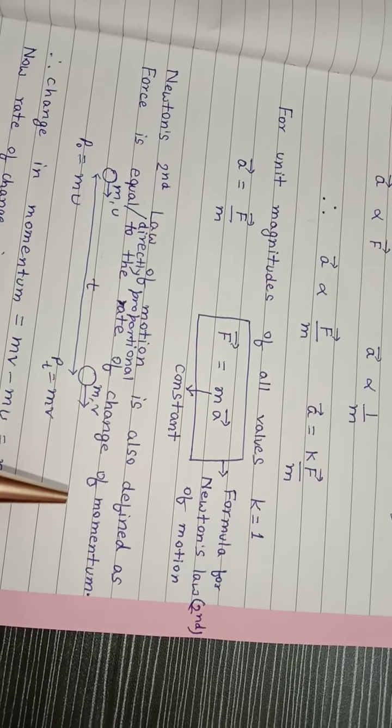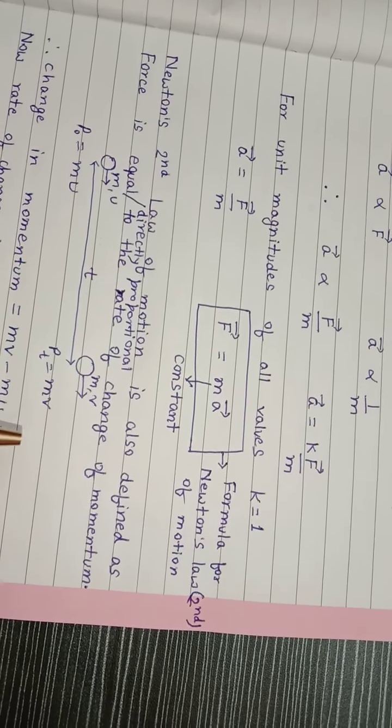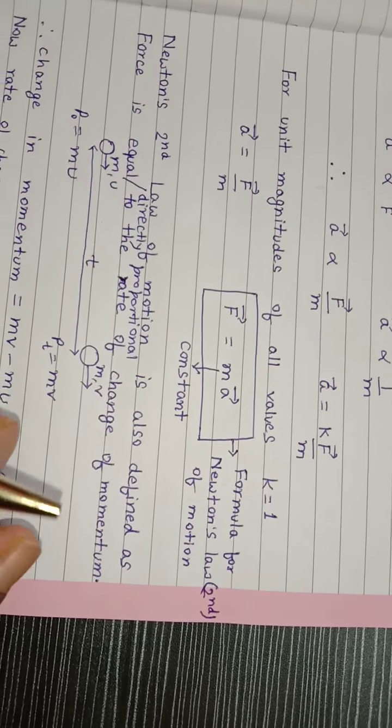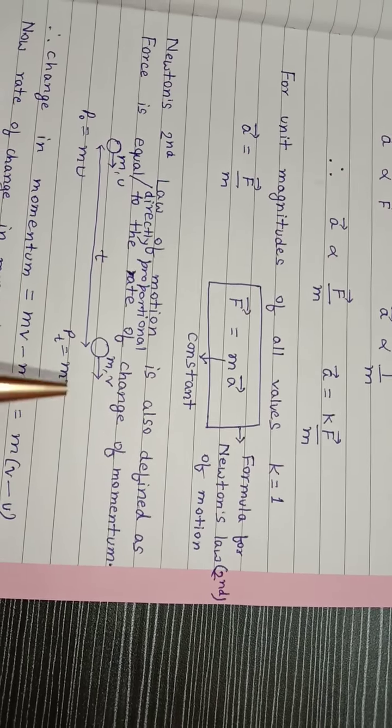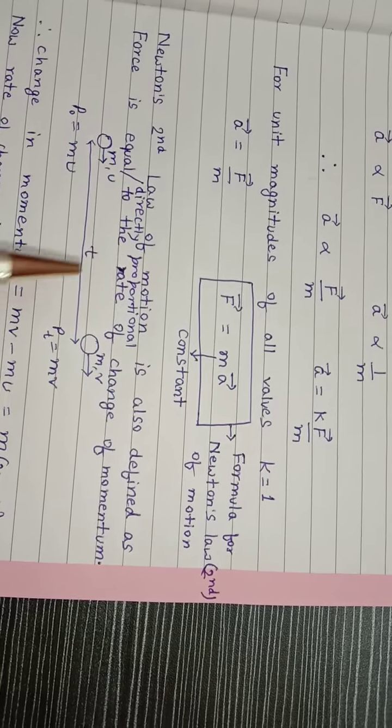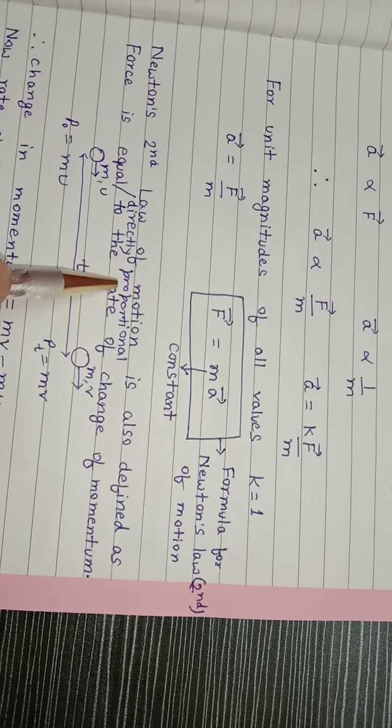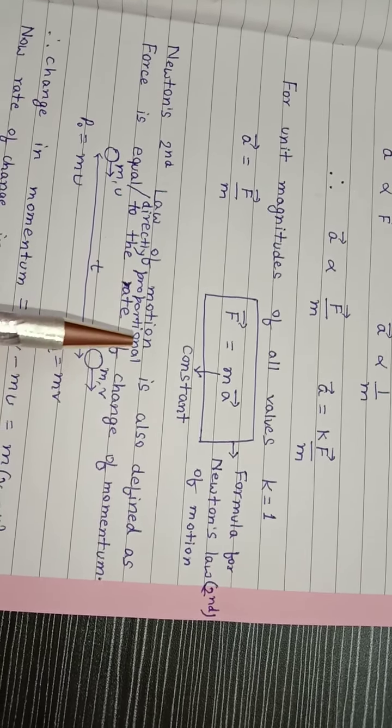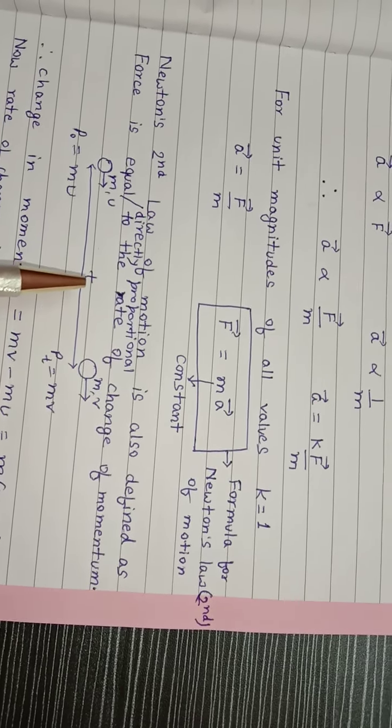Now what is momentum? We all know that momentum is a quantity described by the product of mass and velocity of a body. Suppose there is a body of mass m moving with velocity v, its momentum will be mass into velocity, that is m into v.